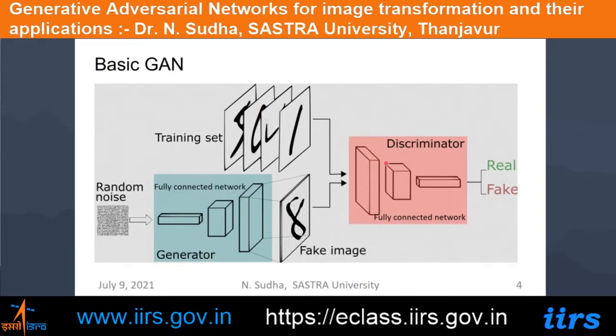When the real data is presented, it says it is real, and when the generated data is presented, it has to say it is fake data. The generator generates the images, and the input to the generator is random noise. So in the basic generative adversarial network, the input to the generator is random noise, and it will generate an image that is close to the training data.